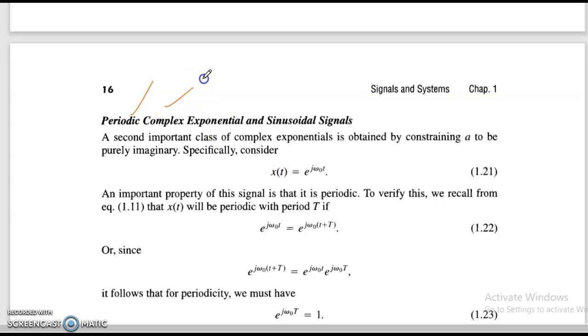A second important class of complex exponentials is obtained by constraining a to be purely imaginary.